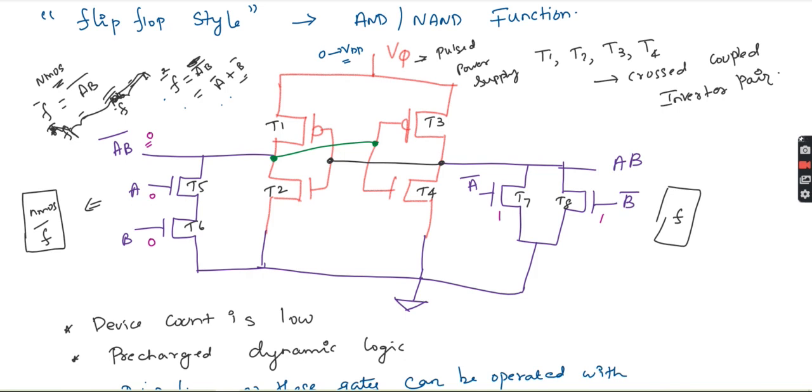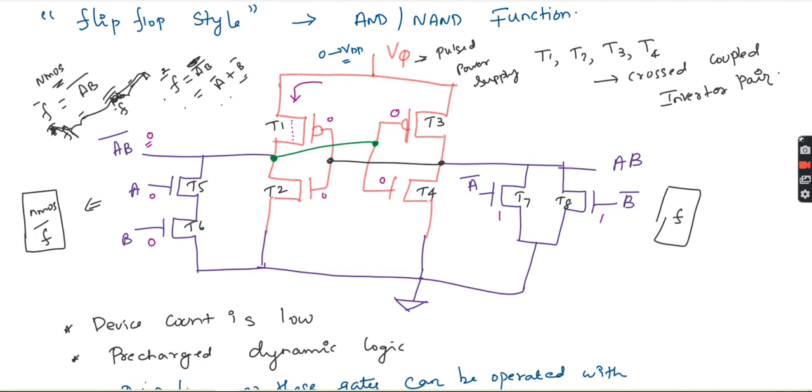Think about this. When you increase from 0 to VDD, the voltage will flow like this. Now this will be 0, even this will be 0, and AB also will be 0. Now what happened?